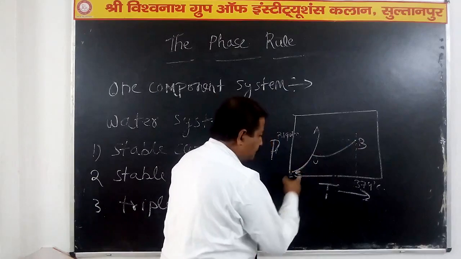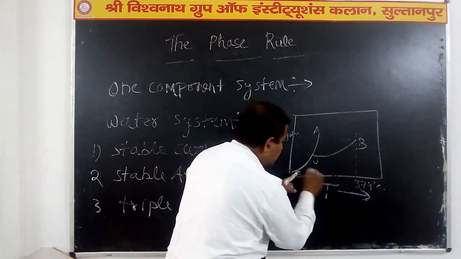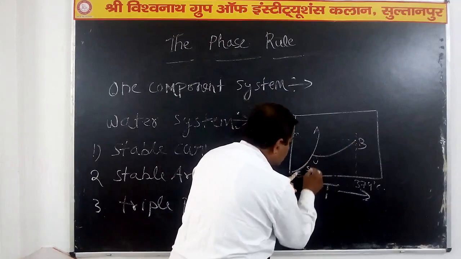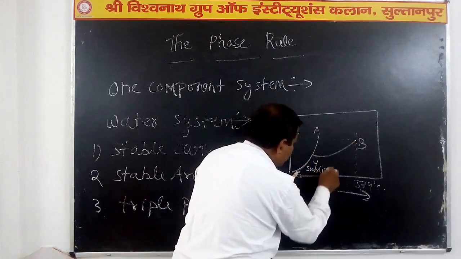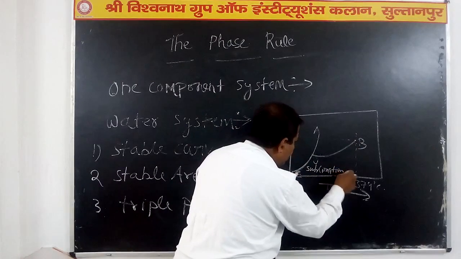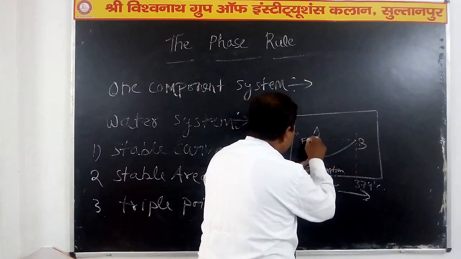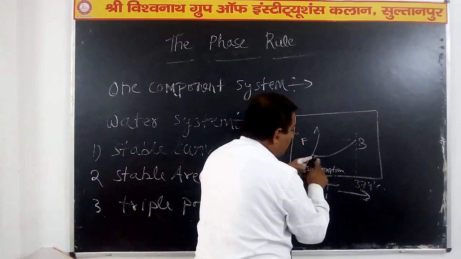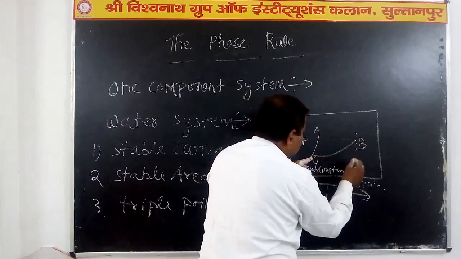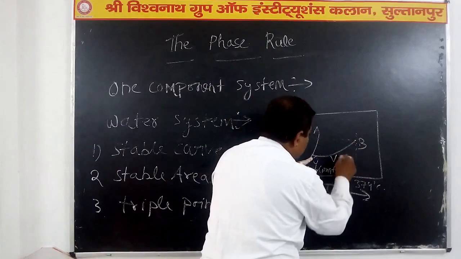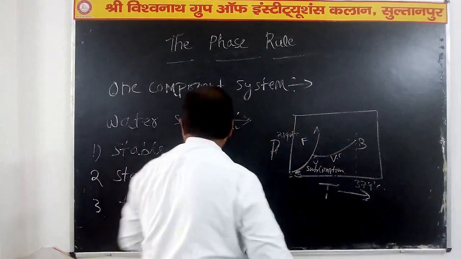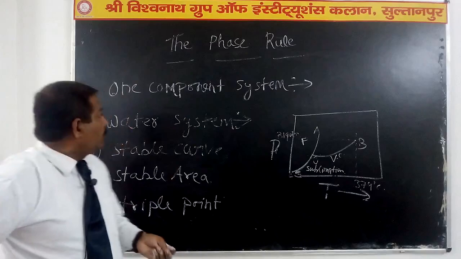The curve OC is called the sublimation curve. The curve OA is called the freezing point curve, and the third curve, that is the curve OB, is called the vaporization curve. Let us discuss one by one.